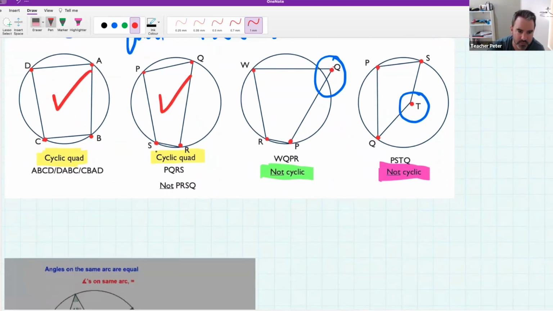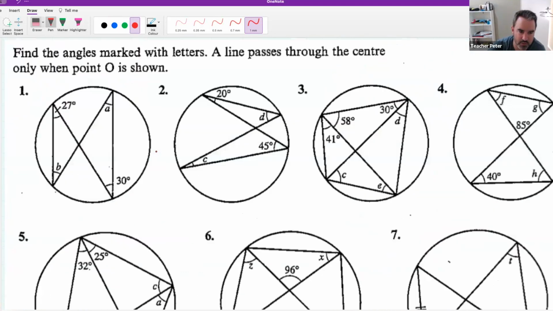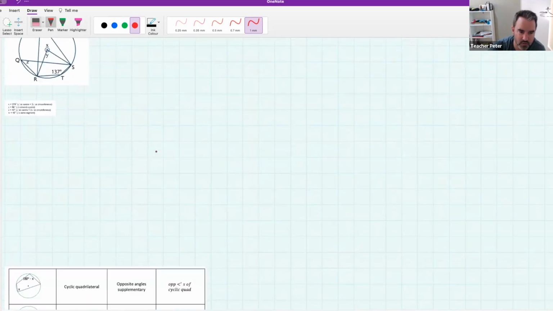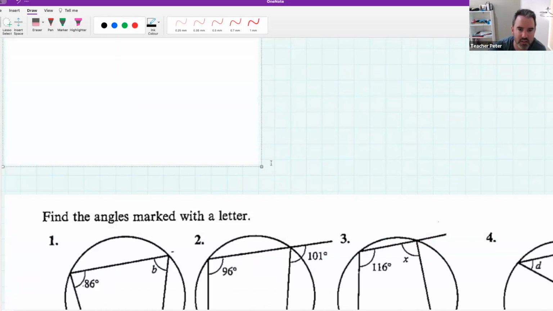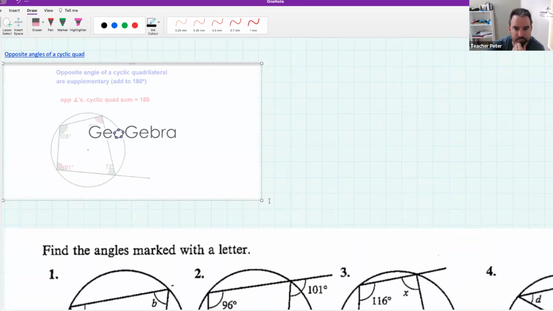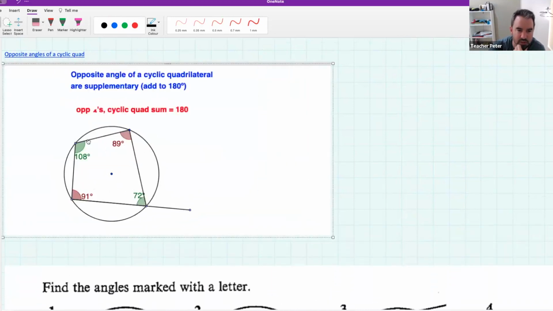Okay, so before I even get to this theorem, let's go to the other one. Let's go to this one. Okay, so this is a cyclic quad. And I want to see if you notice something about this cyclic quad. So the 4 points are on the vertices.